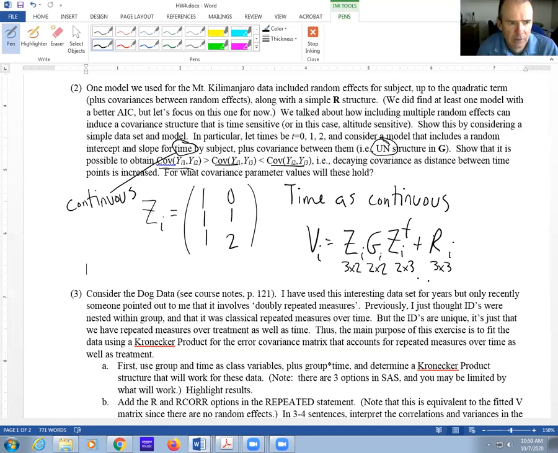It's just that you're not allowing a modeled correlation between those two elements. And so it'll be a little bit more constrained than the unstructured structure, but a little more flexible than the compound symmetric structure still.